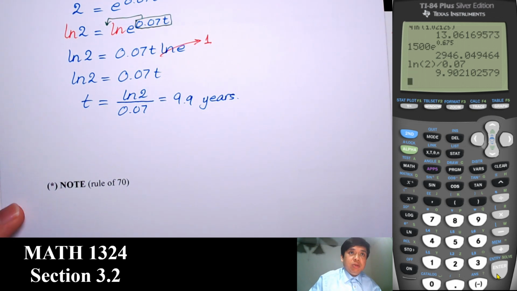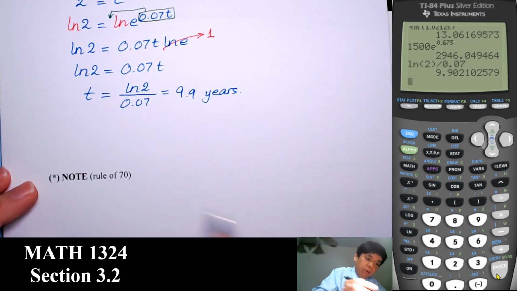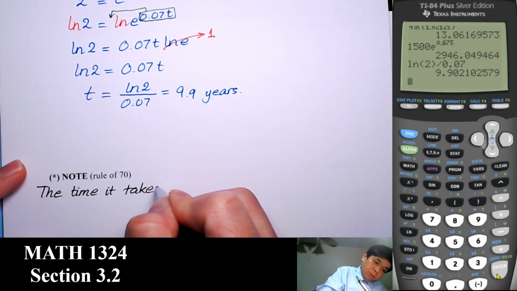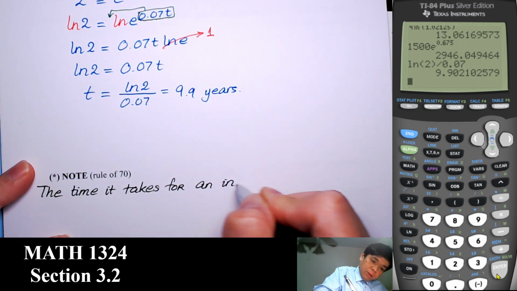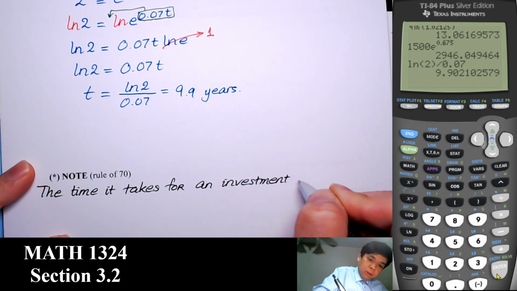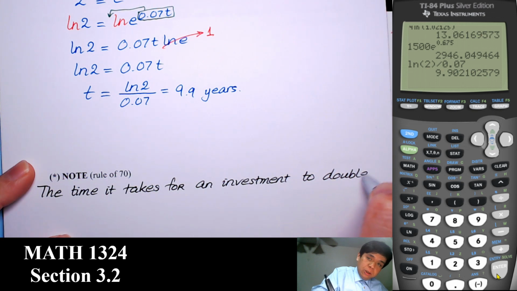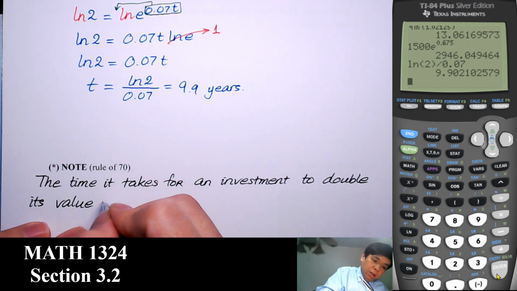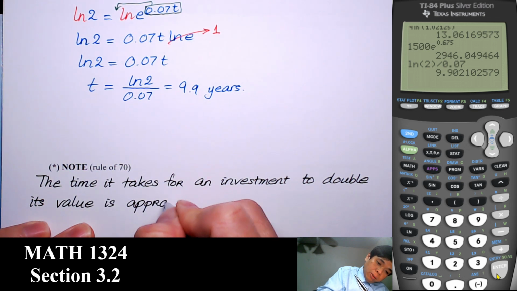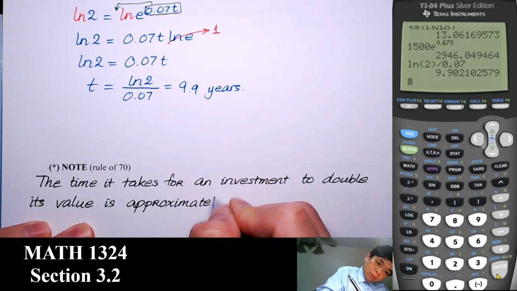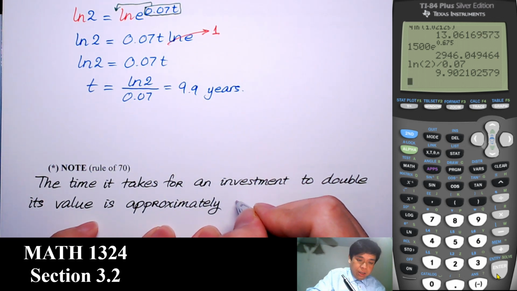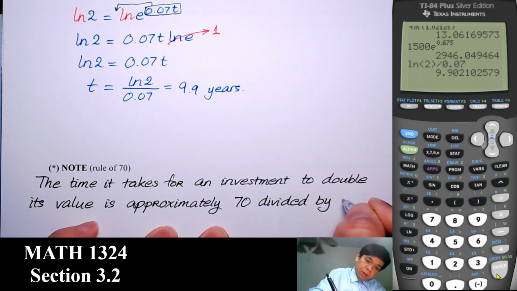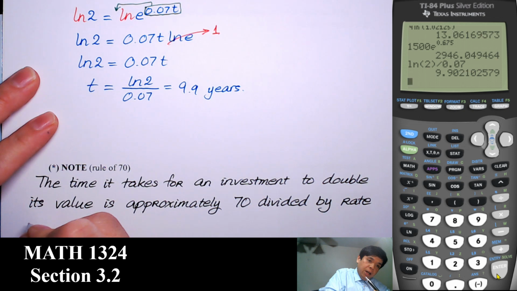Right, now what we have is the rule of 70, and let's spell it out. The rule is the time it takes for an investment to double its balance is approximately 70 divided by the rate as a percent.